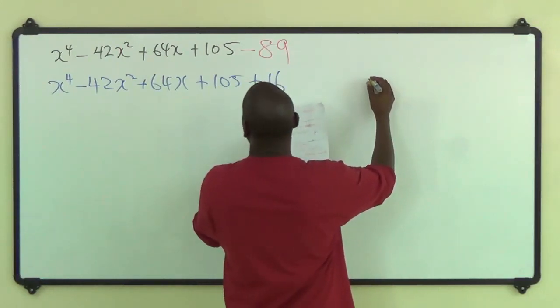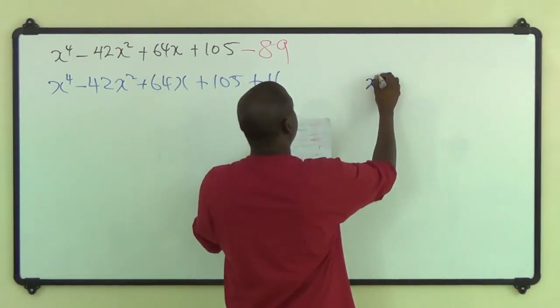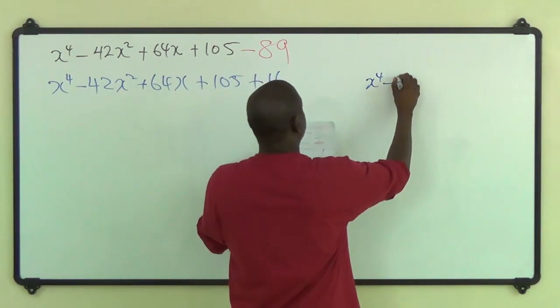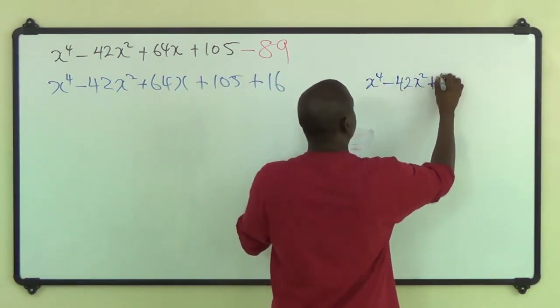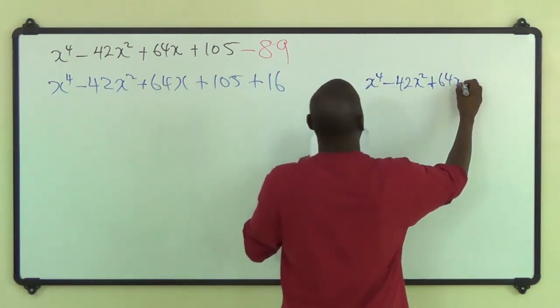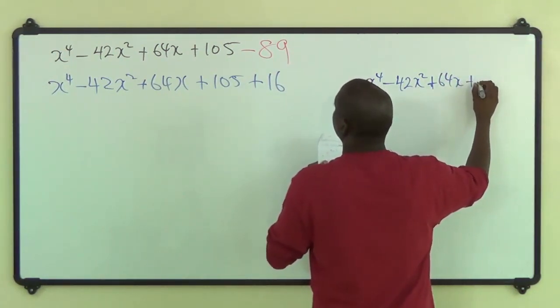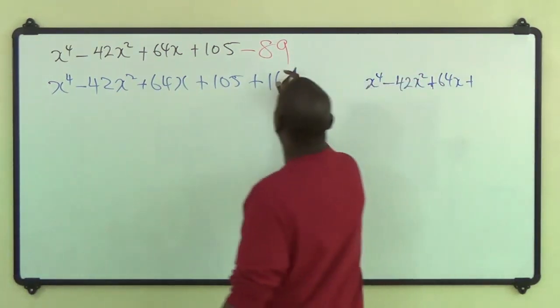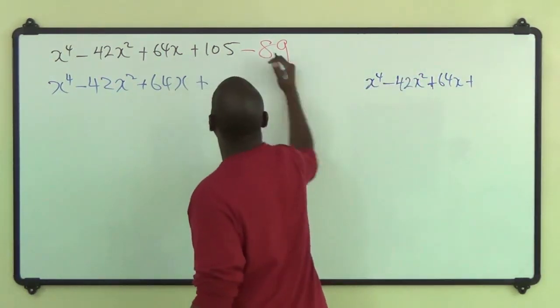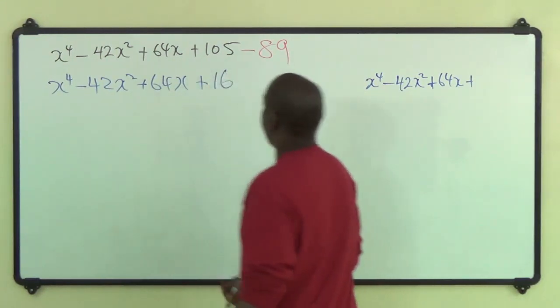So we're saying x to the power of 4 minus 42x squared plus 64x plus, sorry, my mistake. This 16 is supposed to be here. Right.